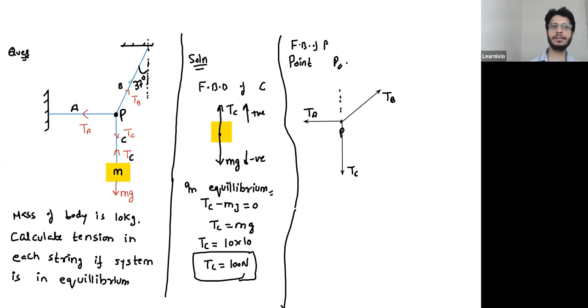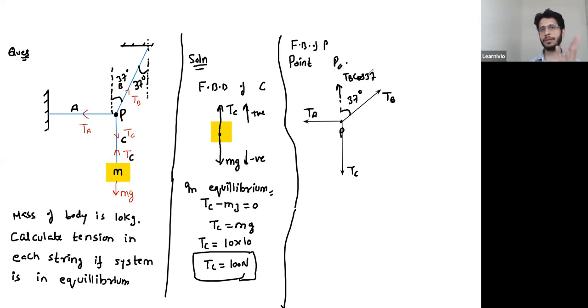If this angle is 37 degrees and I take a normal here, then this is again 37 degrees. They are alternate angles, so I can call this angle 37. TA is acting along the x-axis, TC is acting along the y-axis, but TB is not acting along any axis, so it's better to resolve TB. The angle is given with respect to the y-axis, so along the y-axis the component is TB cos 37.